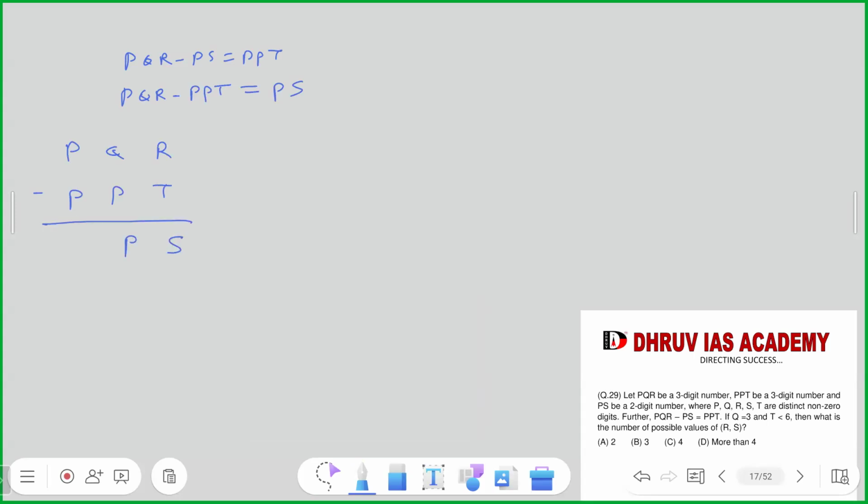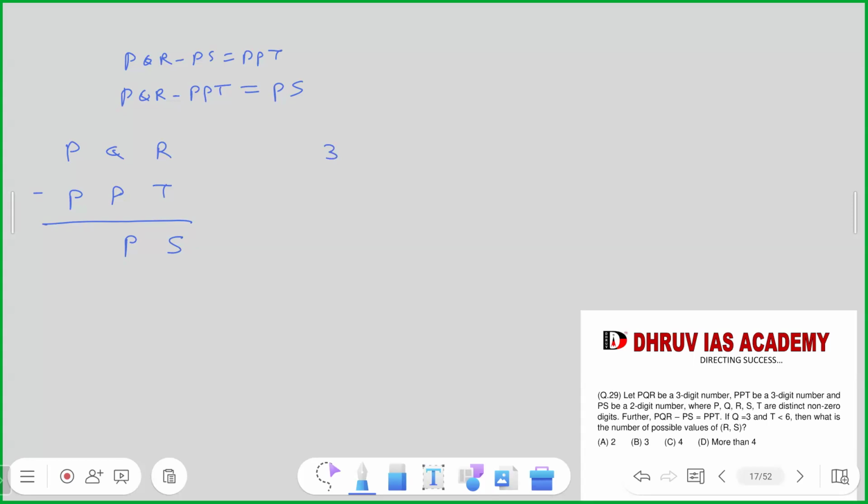Now there are two additional conditions given, Q equal to 3 and T less than 6, and all these 5 numbers are distinct. So first I will write the 3 here.